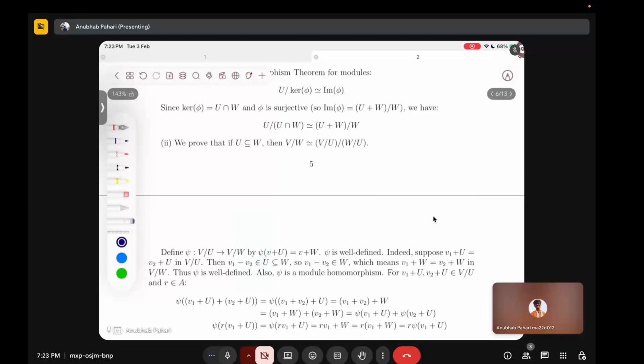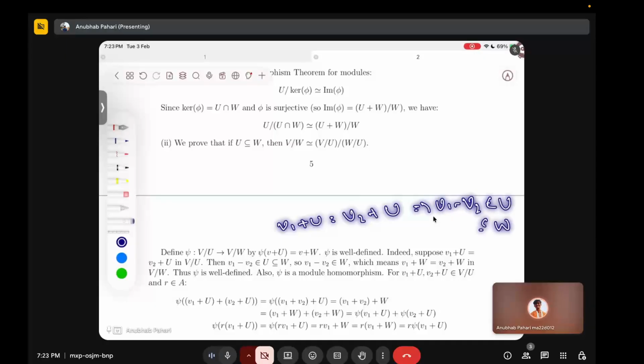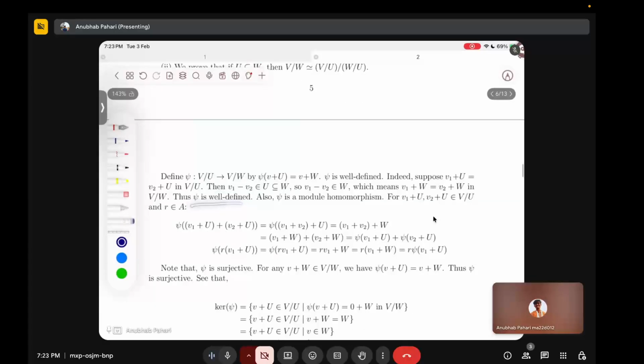Because if you take v1 plus U equals v2 plus U, then v1 minus v2 belongs to U, which is in W, so therefore you can write v1 plus W equals v2 plus W, right? So therefore this is well defined. And also psi is a module homomorphism. Because of this you maintain linearity, so there is nothing non-trivial to see that it is a module homomorphism.